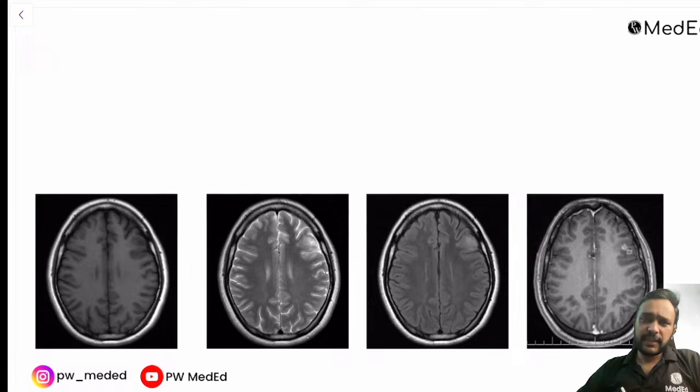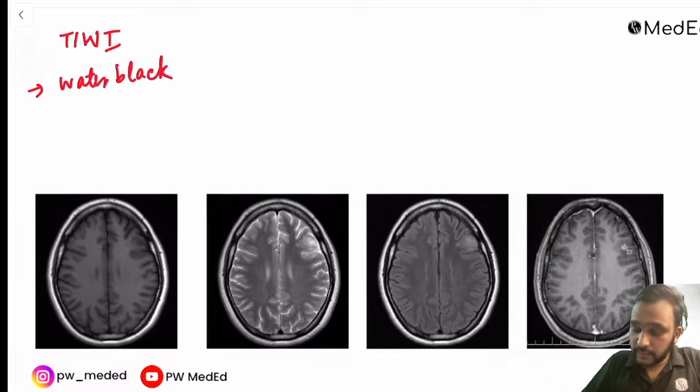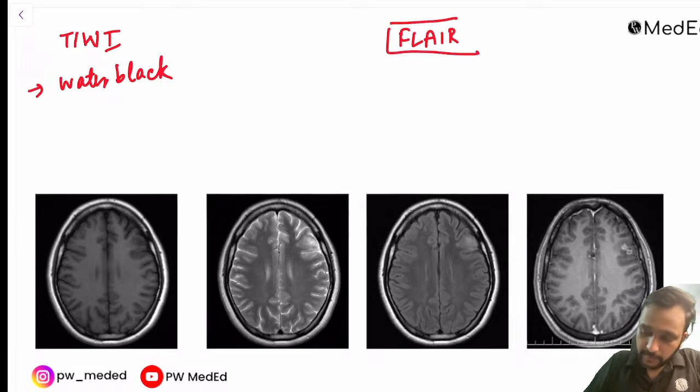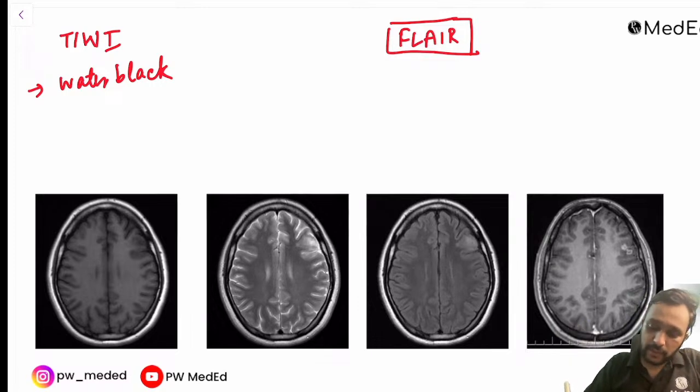Now let me just briefly summarize all the sequences of the MRI brain. The first sequence that I'm showing you is your T1 weighted image. Just remember, in the T1 weighted image, water is going to appear black, and there is one more sequence in which water is going to appear black, that is your FLAIR image. Then you will have to look at the white matter.